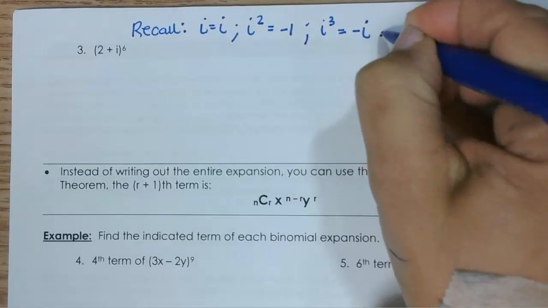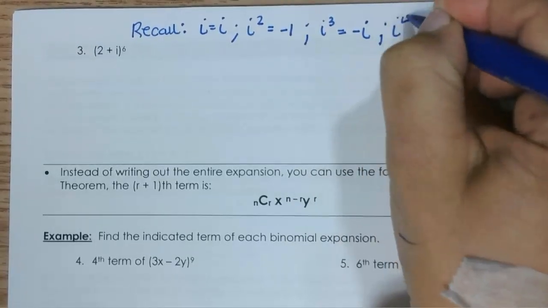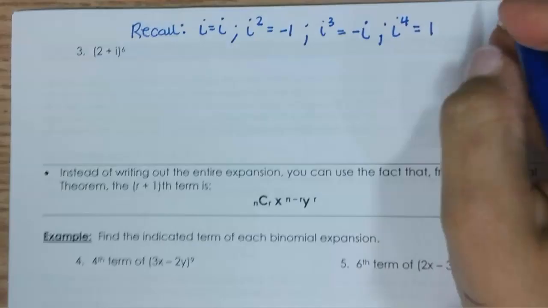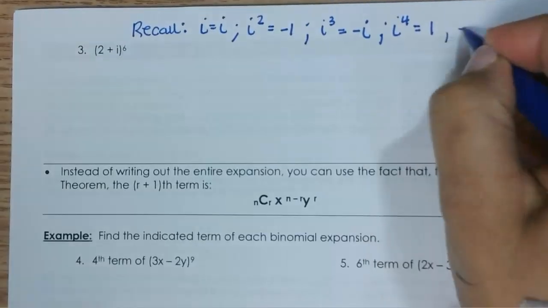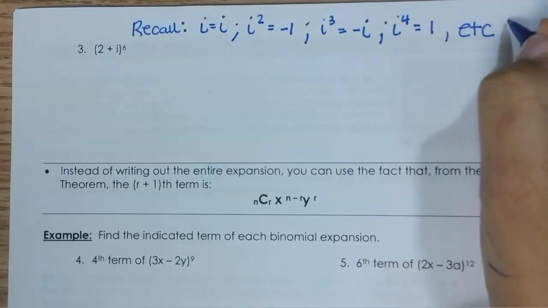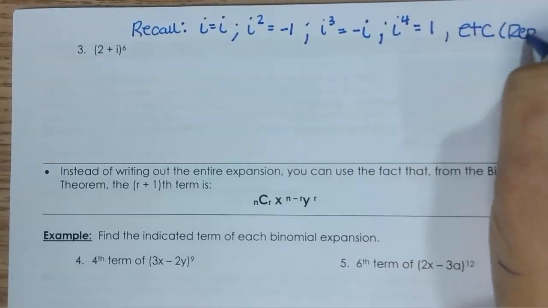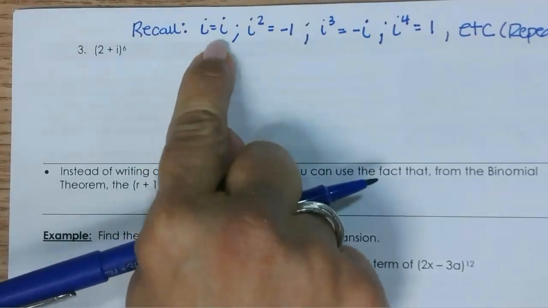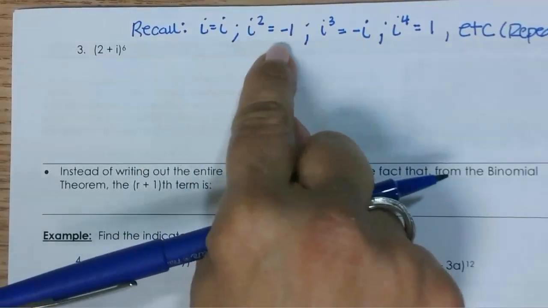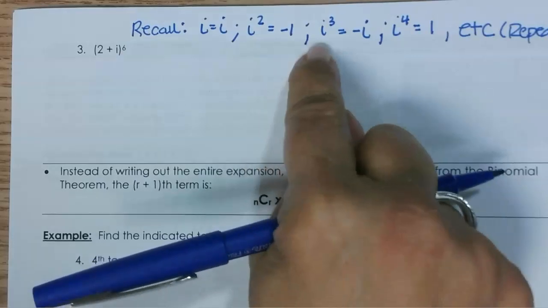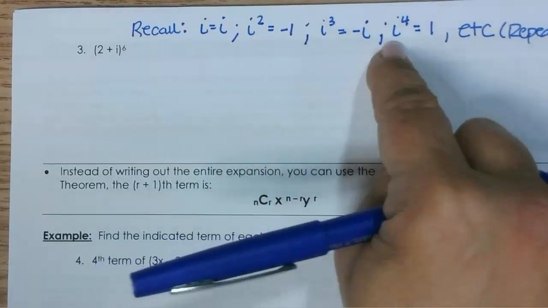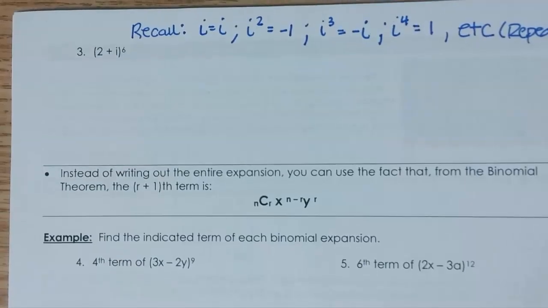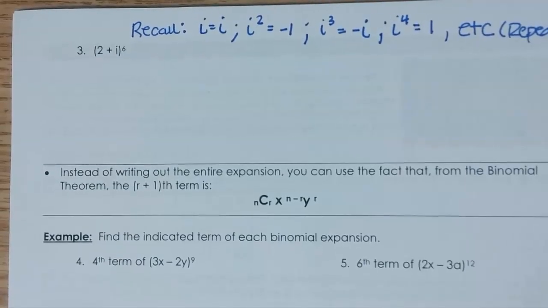And i to the fourth ended up being positive 1. And then that repeats. So i to the fifth would be i, i to the sixth would be negative 1, i to the seventh would be negative i, i to the eighth would be 1, and that keeps going like that. So we'll use that, okay?